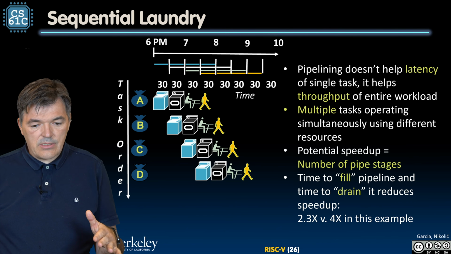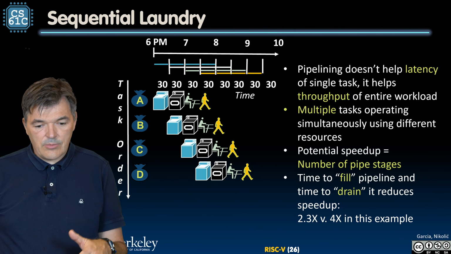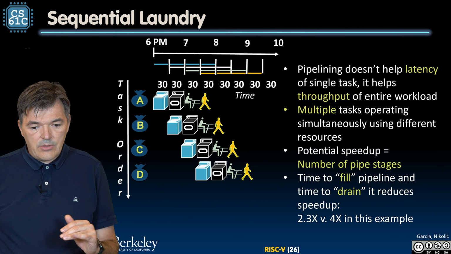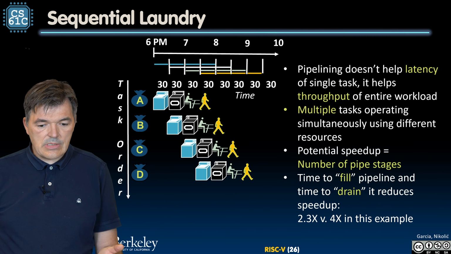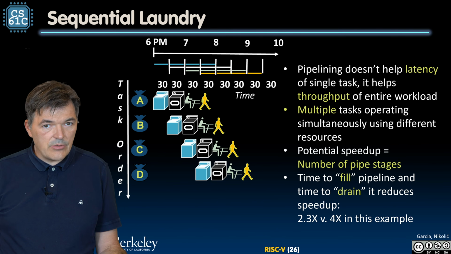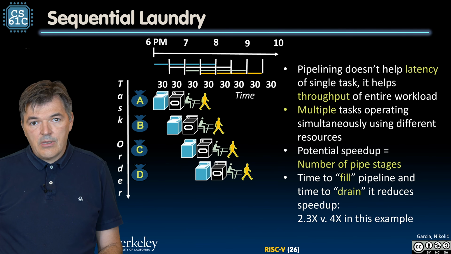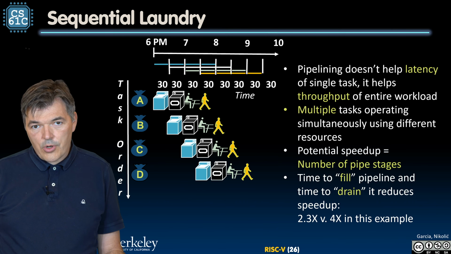There are multiple tasks that are operating simultaneously or concurrently using different resources. Now, the potential speed up equals the number of pipe stages that can be simultaneously used. In this case, there are 4 of them, so the theoretical speed up that we can have is 4.